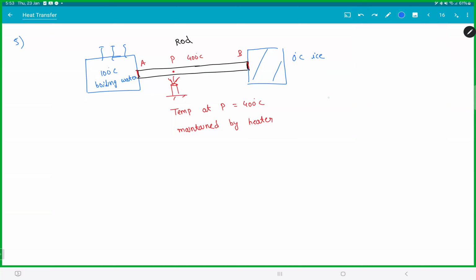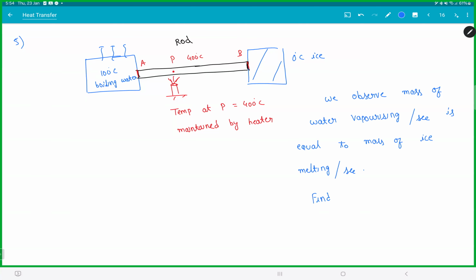And now we observe the mass of water vaporizing per second, which is equal to the mass of ice melting per second. Then find AP by BP.